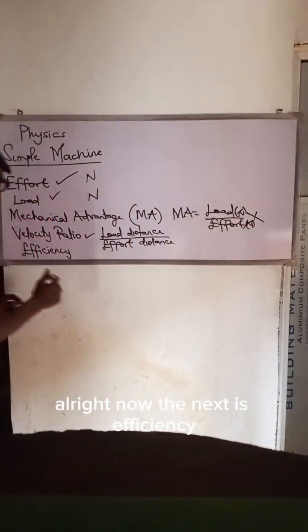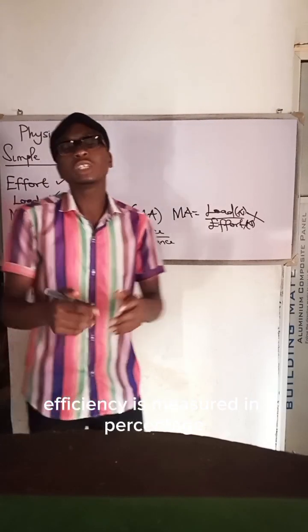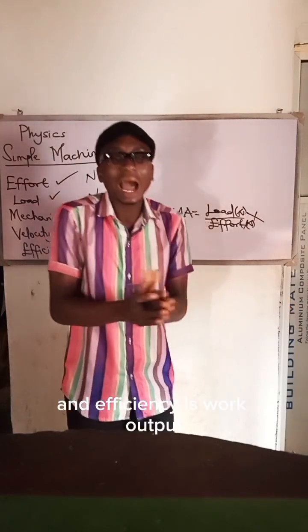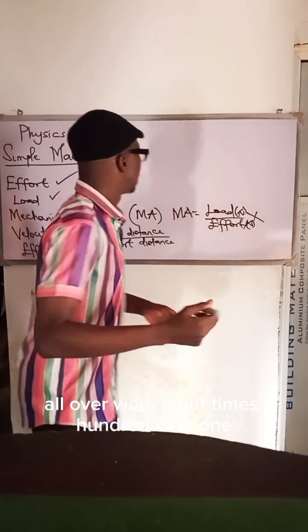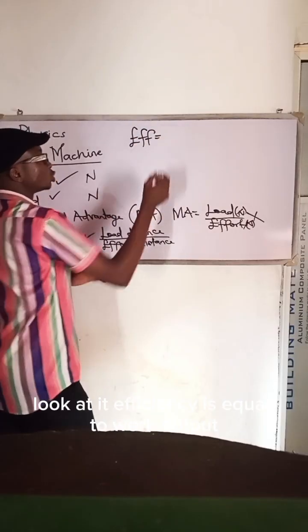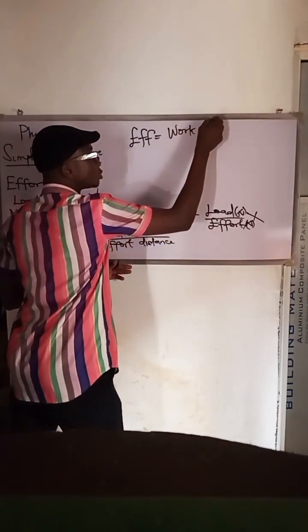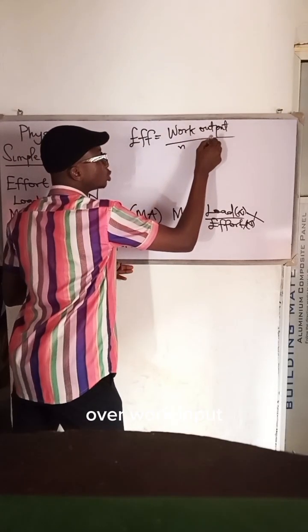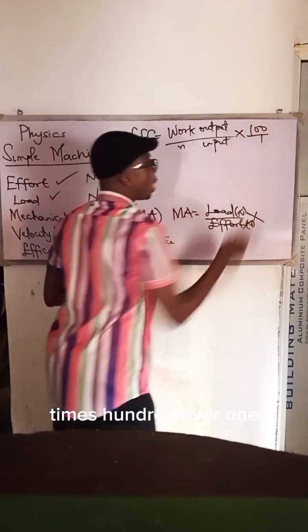Now, the next is efficiency. Efficiency is measured in percentage. Efficiency is equal to work output over work input times 100 over 1.